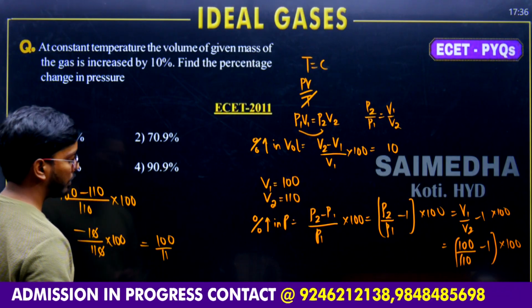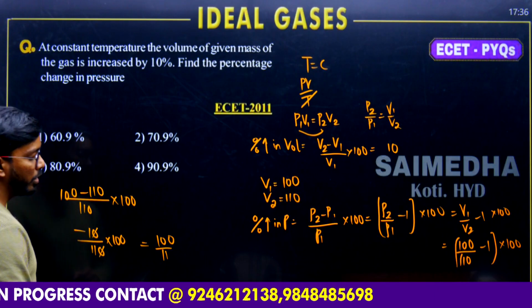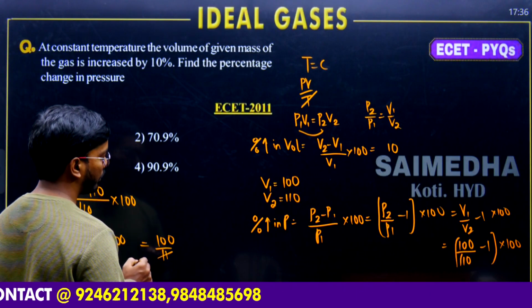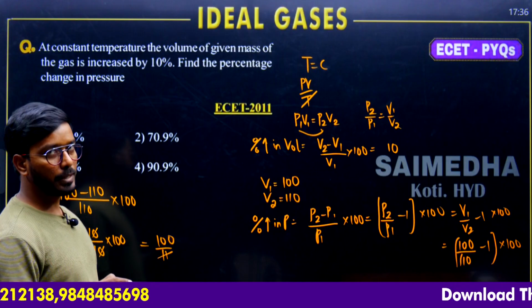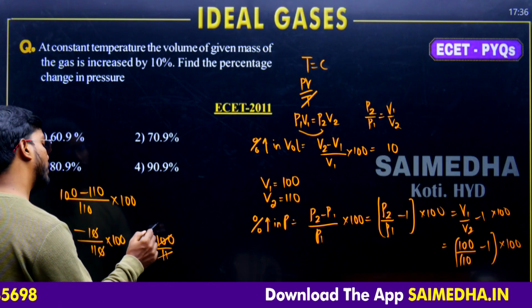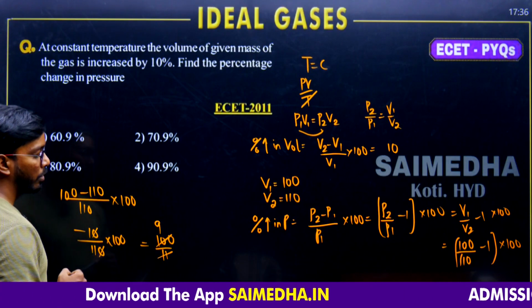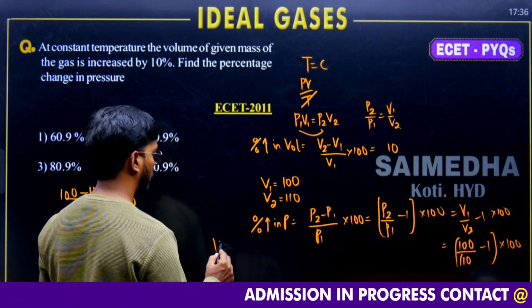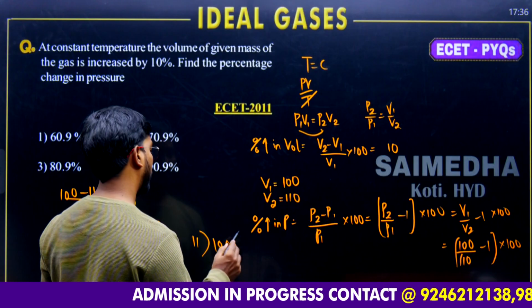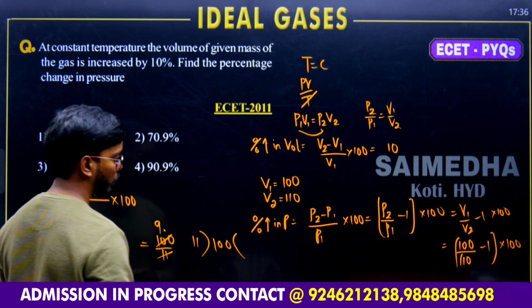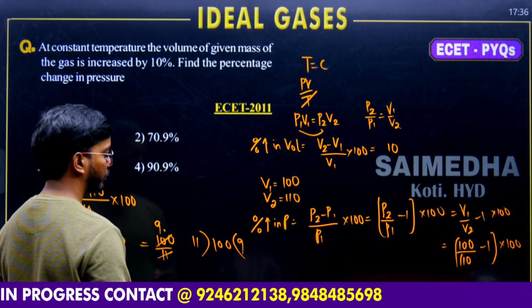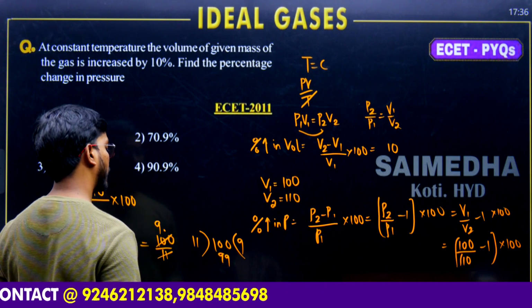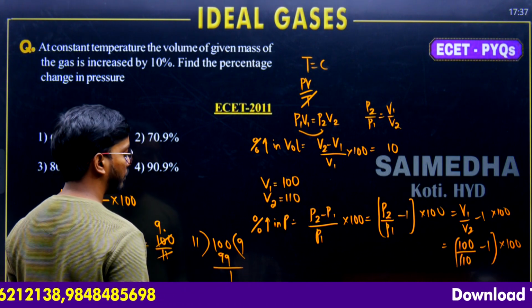So we need to divide 100 by 11. 11 nines are 99, so 1 is remaining.